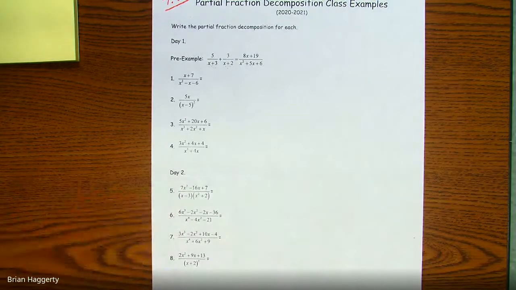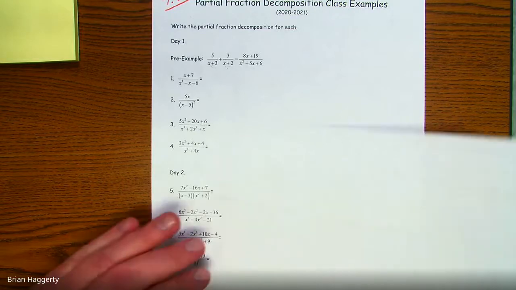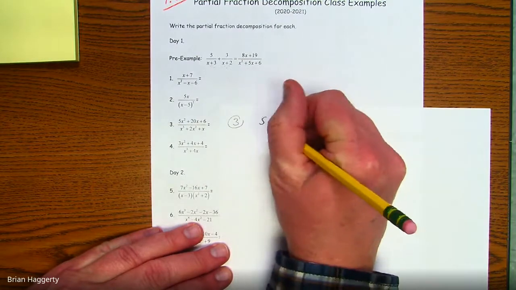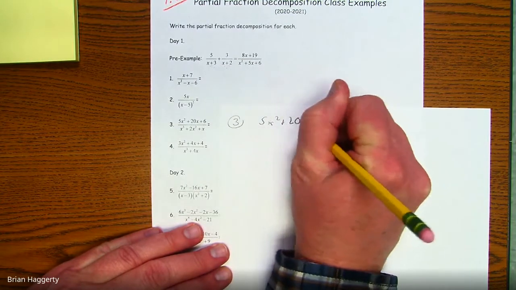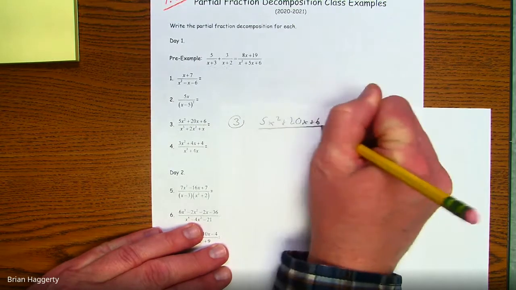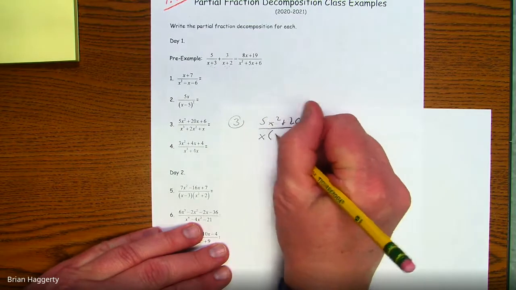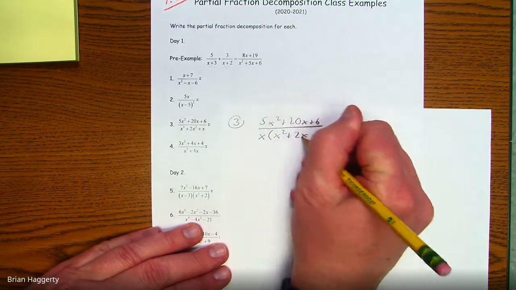All right, with number 3, what happens is we have a couple different things going on in the same denominator. So for number 3, we're going to need to factor out an x. That leaves x squared plus 2x plus 1.